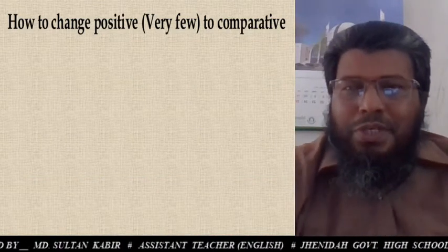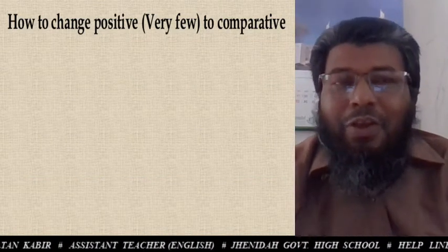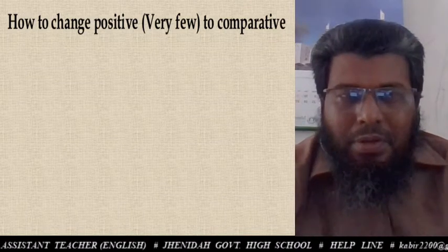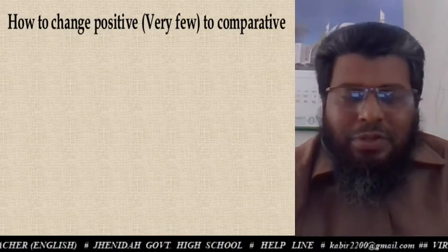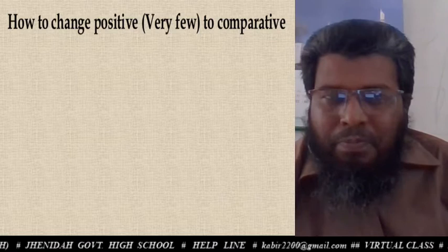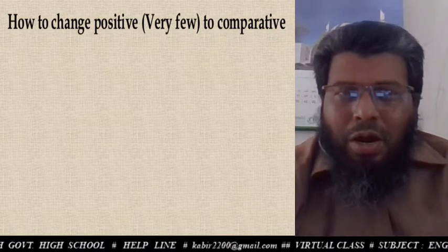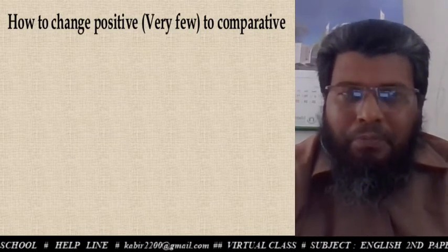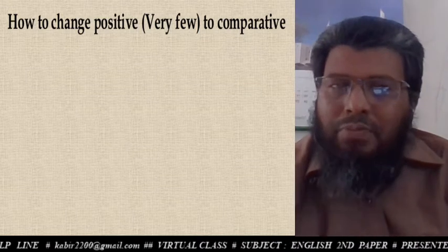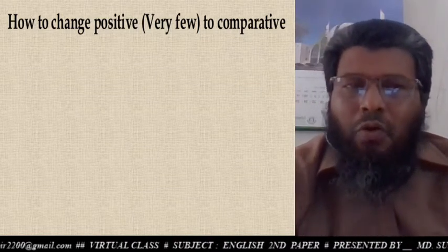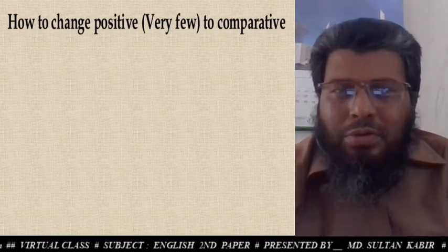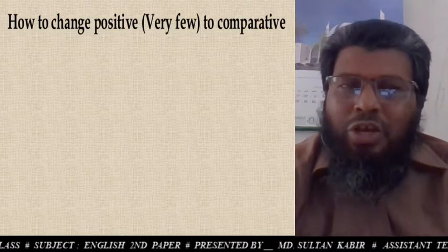How to change a positive starting with very few to comparative. Okay, dear learners, at the very beginning of our classes on degree, we came to know the structure of all 3 degrees. You know, a positive degree has 3 structures.